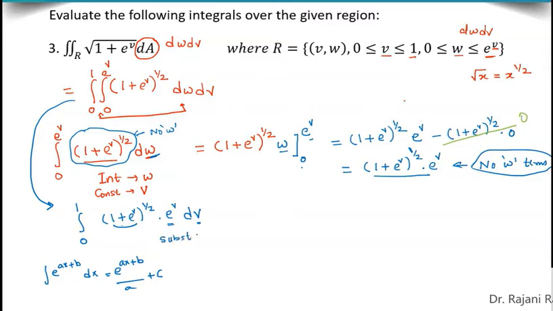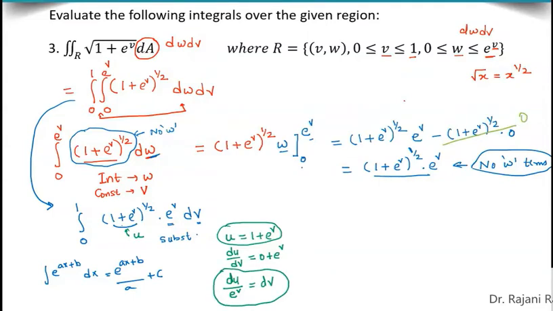Okay, so what we make substitution? So here we make this term as u as substitution. So let's do this calculation. U is 1 plus e power v. Take the derivative du over dv, which is derivative of 1 is 0, derivative of e power v is e power v. Now this gives you du divide e power v as dv. Now we have to substitute this value of u and dv in our integral.